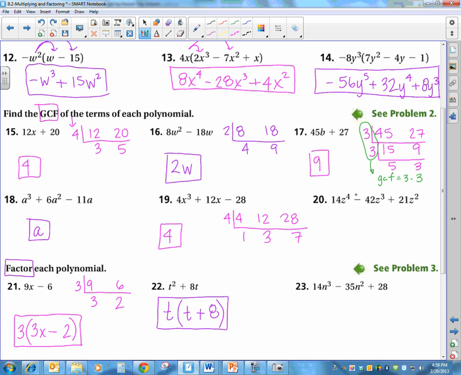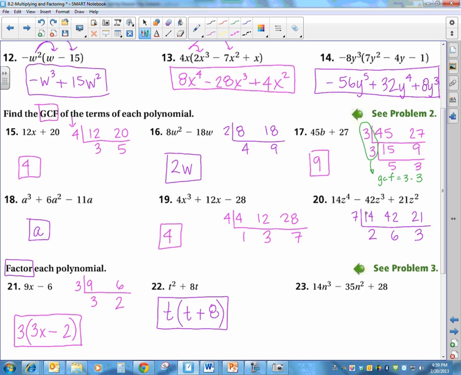All right, number 20. I have the numbers 14, 42, and 21. I find it easiest to start with your primes and the smallest one. 2 doesn't go into everything. 2 goes into 14 and 42, but not 21. 3 does not go into 14. 5 doesn't go into any of them. 7 goes into 14 twice. 7 goes into 42 6 times, and 7 goes into 21 3 times.